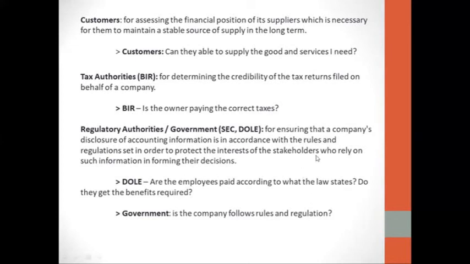So those will be the external users of our accounting. Now, for external users, guys, they are more focused on the financial statements or financial stability of our business. So basically, let's discuss the branch of accounting. The accounting that deals with financial statements will be financial accounting. So all in all, when we tackle external users, they are more concerned with financial accounting information.